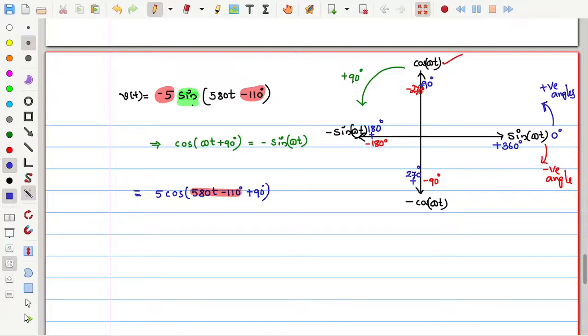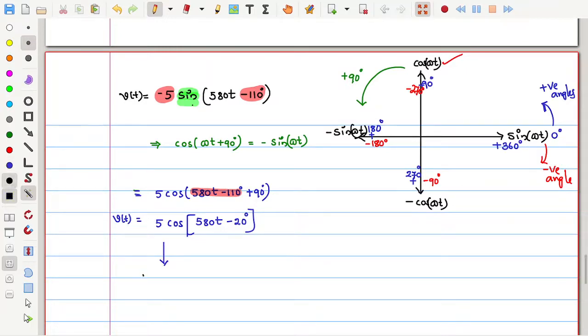Okay. So now I got a positive value, but here two things are there. Let me write 580t minus 110 plus 90. How much is this? Minus 20 degrees. Now see how we can represent this in phasor form. Tell me.